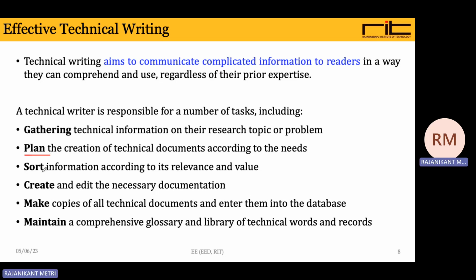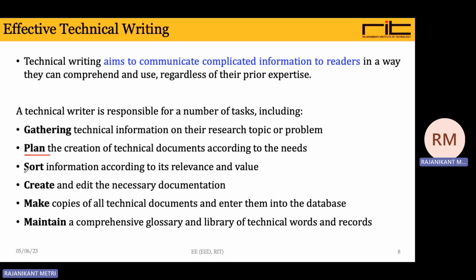Next is sort the information according to its relevance and value. Whatever information is gathered, one needs to sort it according to the relevance, where he or she is going to submit it, or for what purpose the document is being prepared. So sorting the information is again important.